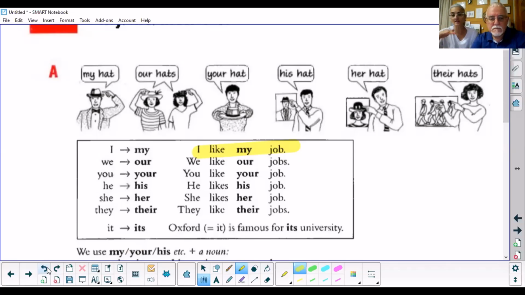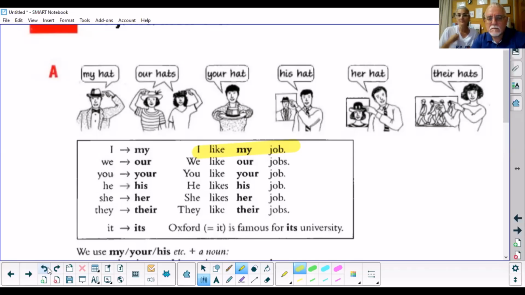Todos estes exemplos, vocês podem perceber duas coisas. Todos eles começam com I, we, you, he, she, they. Esse daí é aquilo que a gente já viu antes, né? Agora, os pronomes my, our, your, his, her, their é a posse.